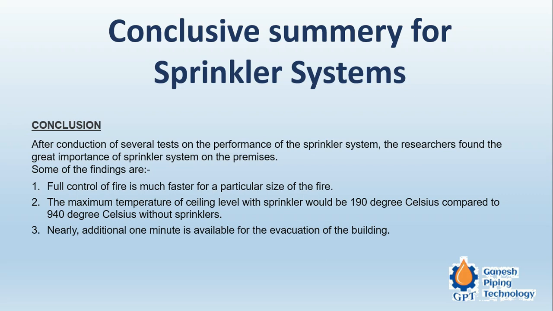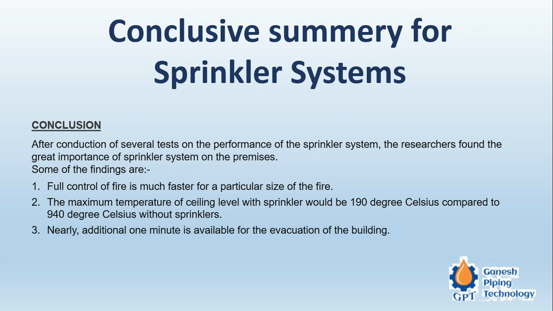Some of the findings are: full control of fire is much faster for a particular size of the fire. The maximum temperature at ceiling level with sprinklers would be 190 degrees Celsius compared to 940 degrees Celsius without sprinklers.